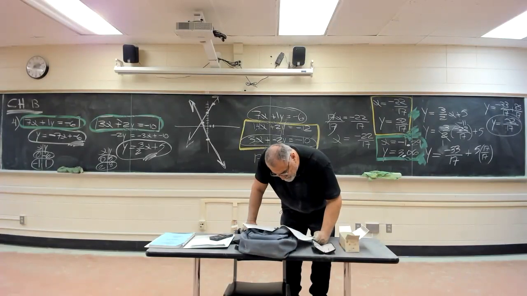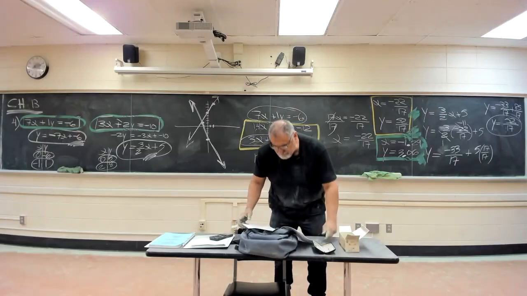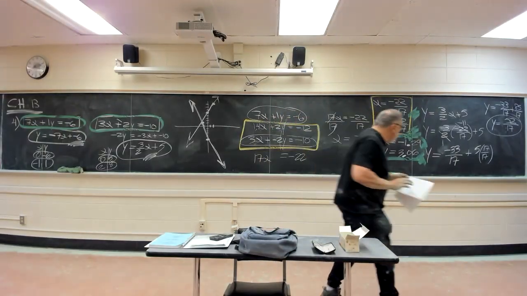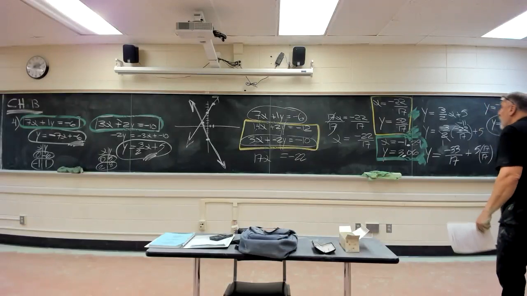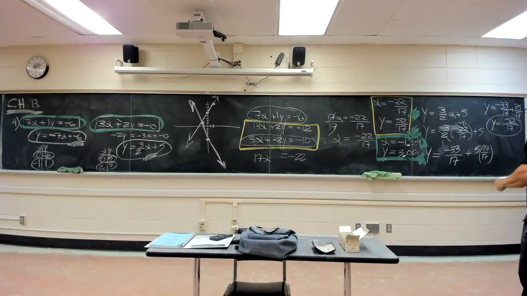Negative 1.29 and 3.06. You got it. Looking pretty good. That'll take us through this part that I wanted to do.